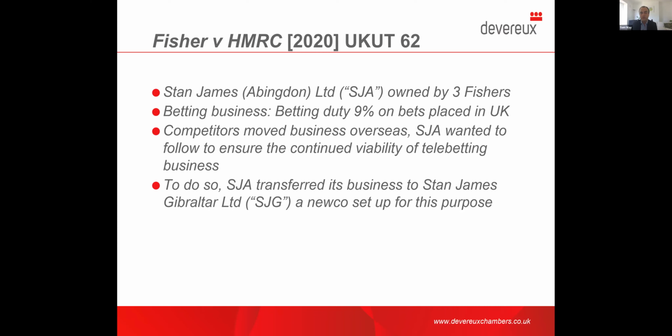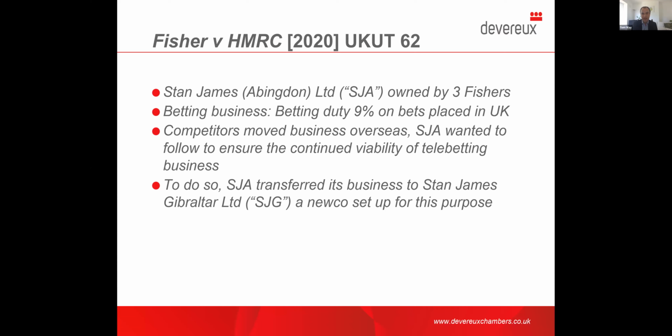In response to the rise of telebetting in the UK in that period, Stan James Abingdon set up a branch office of their UK company in Gibraltar. At that time, it was possible for a bet to be placed by a customer in the UK overseas without a liability for UK betting duty arising. This obviously meant that UK companies could be undercut very easily by their foreign rivals.